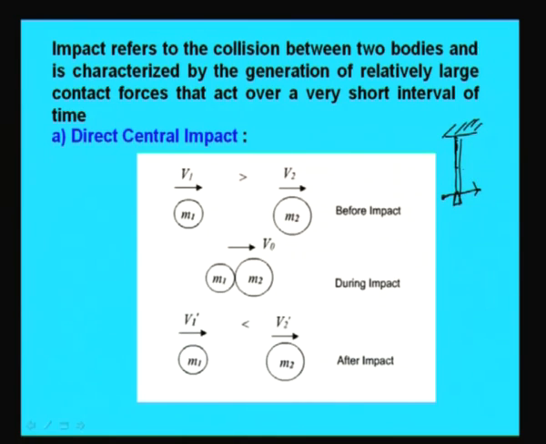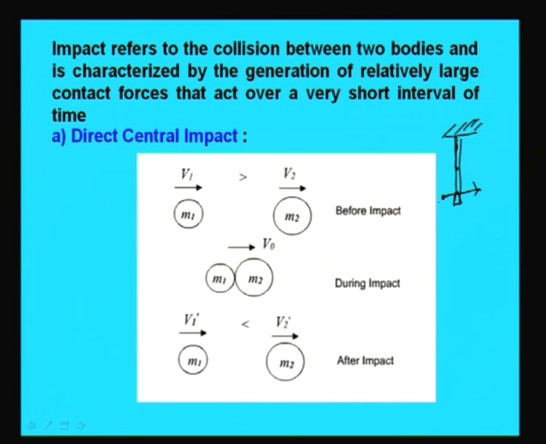However, the mass center is different. So although this impact is direct, because the common normal is this and the velocities are along the common normal, these mass centers are not in the same line, so this can be called direct non-central impact. One can understand that easily, but right now we will not be discussing it.